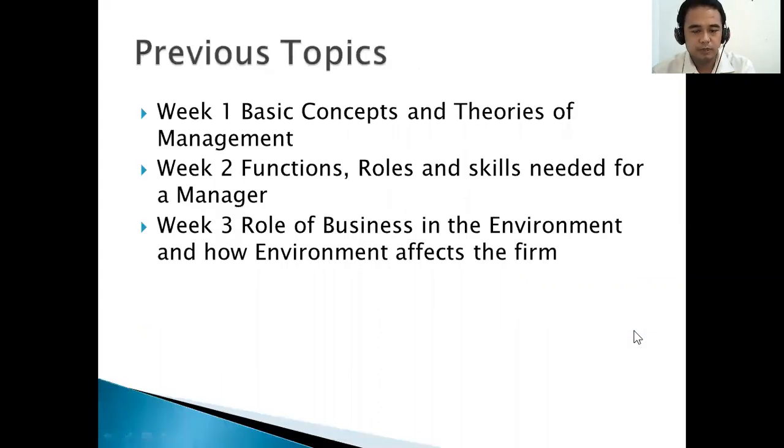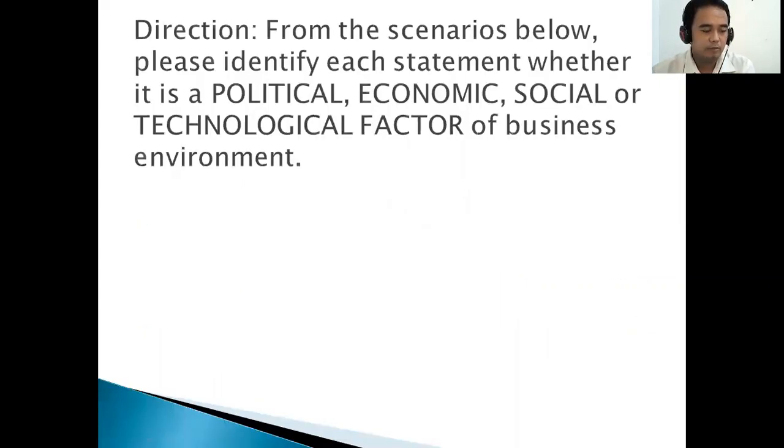We have discussed these previous topics. And before we continue, let's have first a short review. Direction is from the scenarios below. Please identify each statement, whether it is a political, economic, social, or technological factor of the business environment.